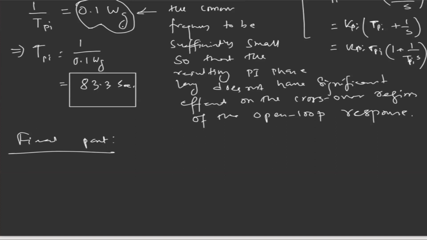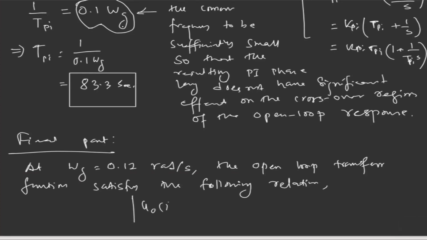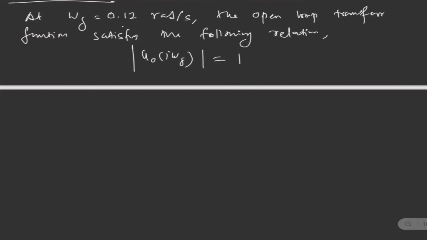At omega z equal to 0.12 radian per second, the open loop transfer function satisfies the following relation. I can write magnitude G naught of j omega z equal to 1. This is how we find the gain crossover frequency basically.